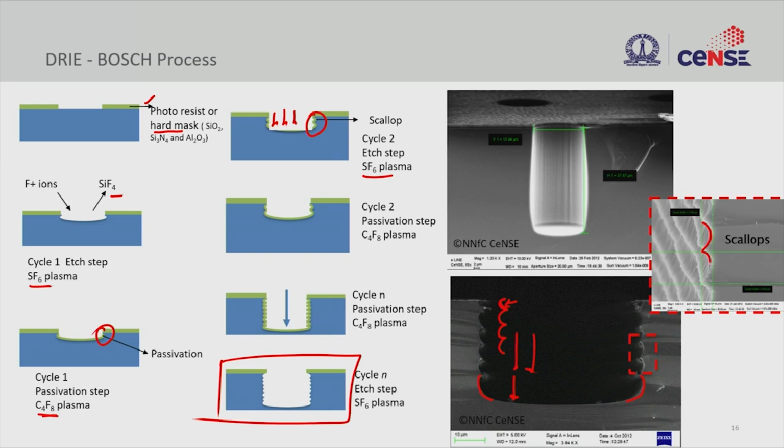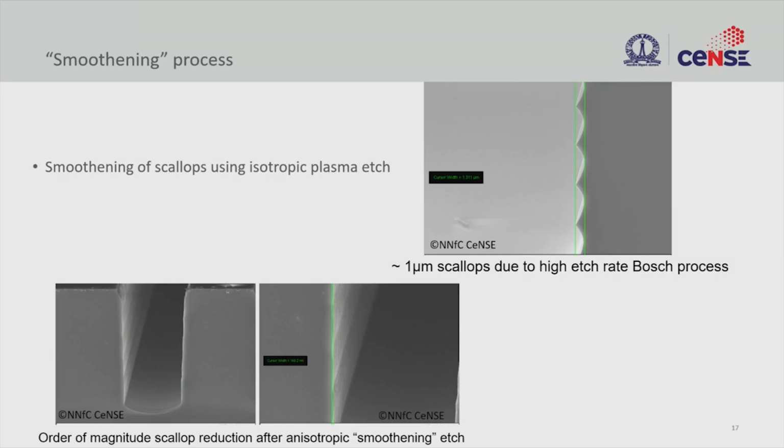So each cycle creates this, but sometimes these are all undesirable. So you may want to smoothen it out, right. So you can smoothen it out by using isotropic plasma. You can put it through isotropic plasma, and you can see here about 1 micron reduction in the scallops, and even in the more optimized case you don't see any scallops at all.